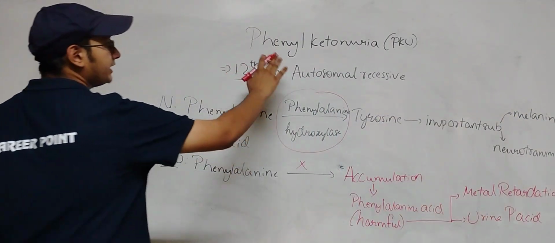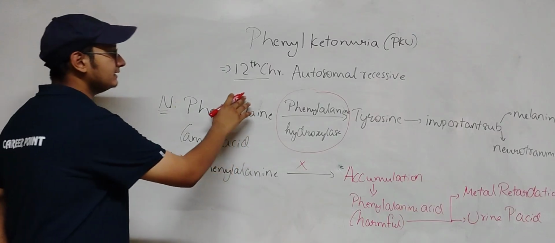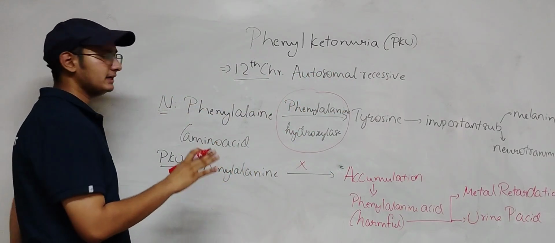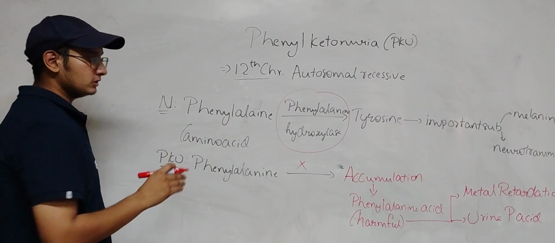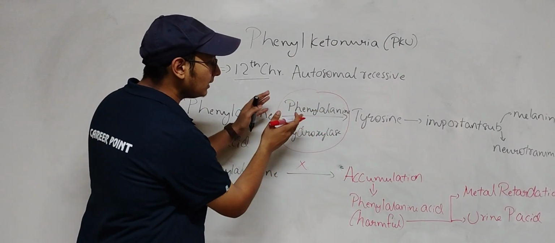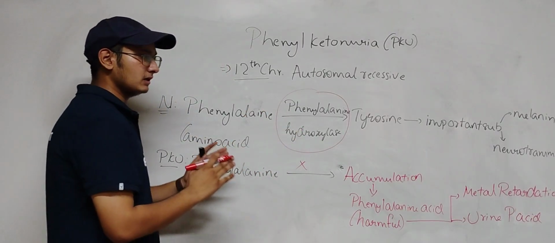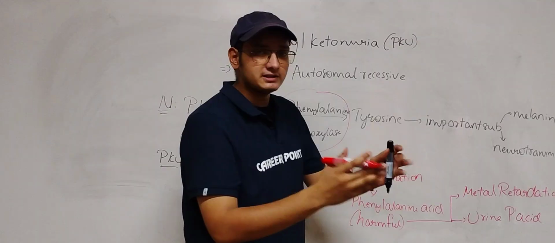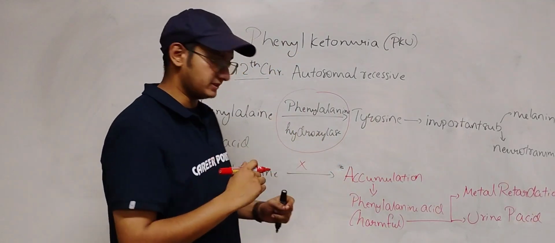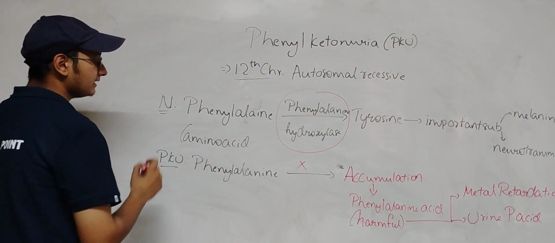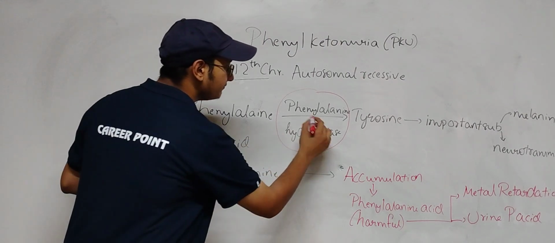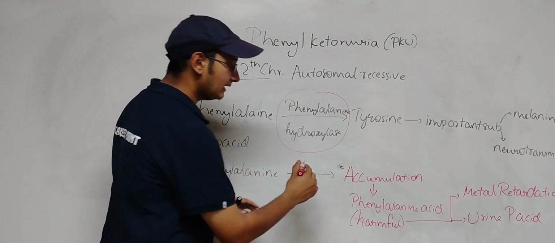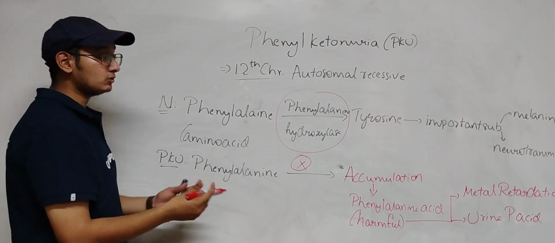So phenylketonuria, also known as PKU, the defect is present in the 12th chromosome, and it is an autosomal recessive disorder. Normally in our body we have phenylalanine, which is converted into tyrosine with the help of phenylalanine hydroxylase. Tyrosine is an important substance which produces melanin and some other important substances and also neurotransmitters. In disease condition, the enzyme phenylalanine hydroxylase is absent, so tyrosine is not formed.